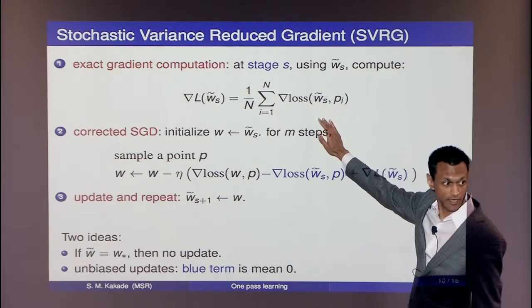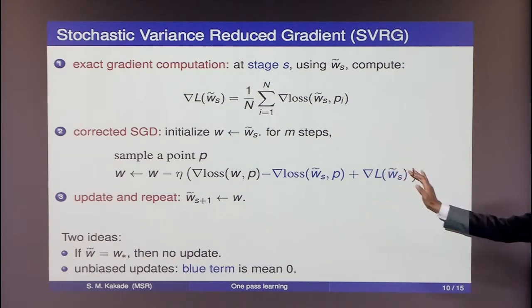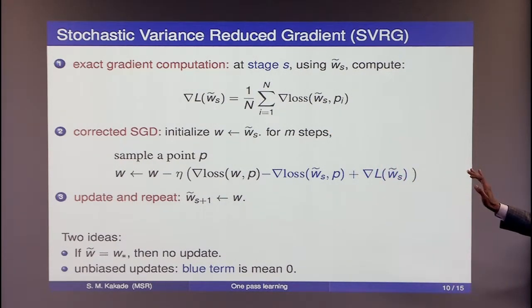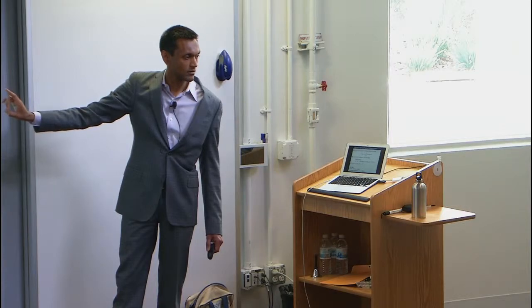This is costly, because you have to pass through the data set, but you don't do it very often. So I'm asking how would the W bar S plus 1, which descends down that gradient from W tilde S, compare to this W tilde S plus 1? Another algorithm would be to compute this gradient in the first step and descend down that gradient. That's basically batch gradient descent.